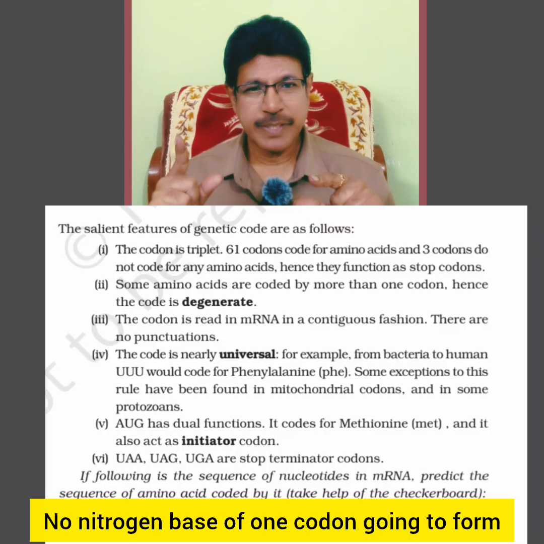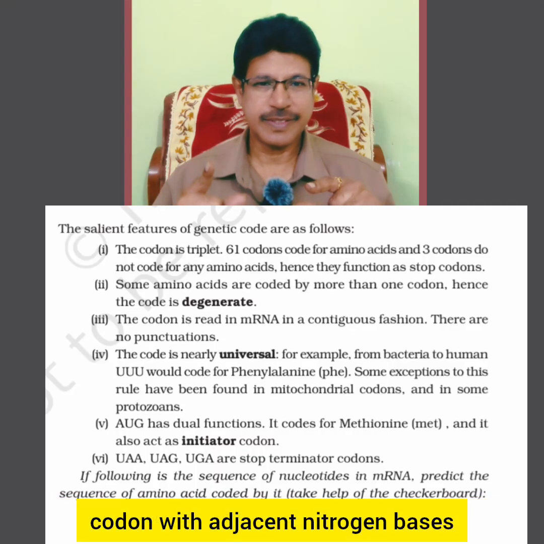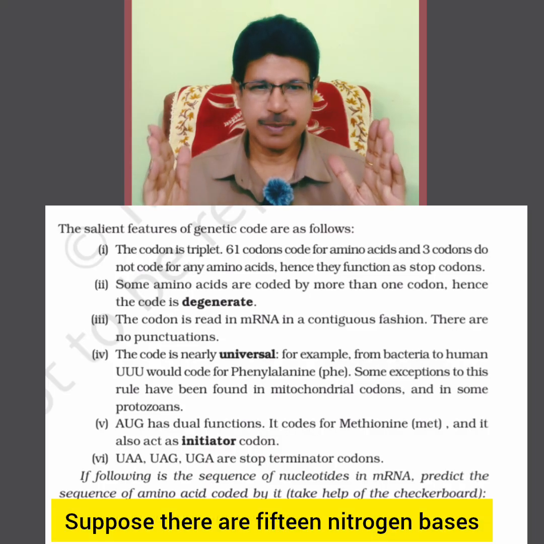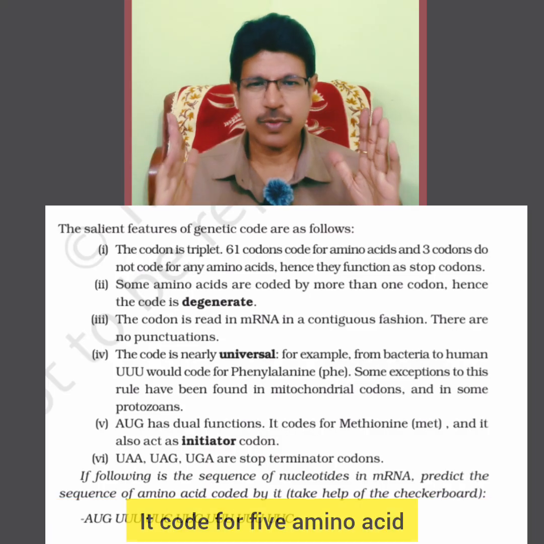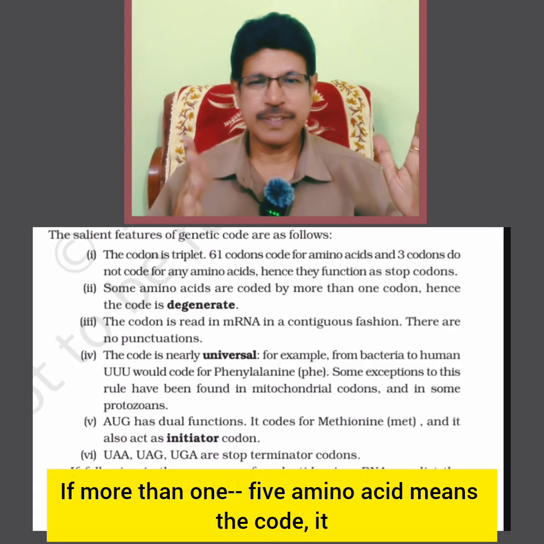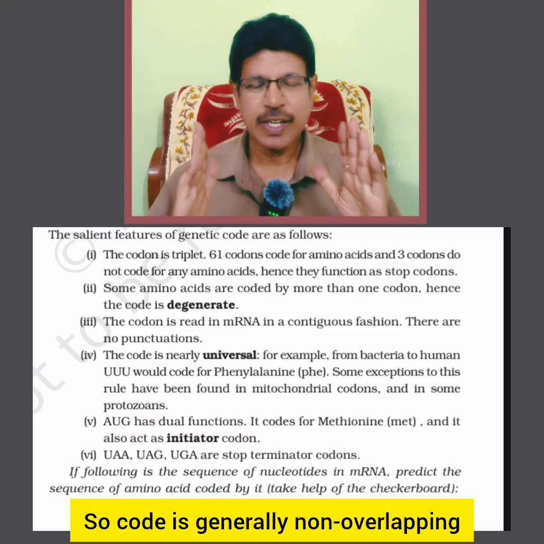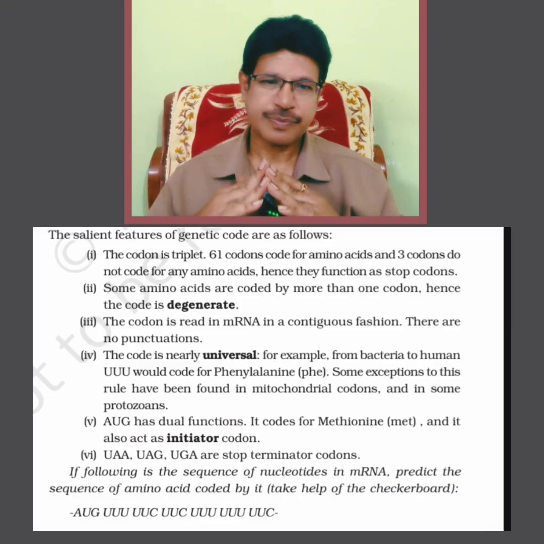No nitrogen base of one codon goes to form a codon with adjacent nitrogen bases. So it is non-overlapping. Suppose there are 15 nitrogen bases, that means 5 codons. It codes for 5 amino acids. If there are more than 5 amino acids, it means the code might be overlapped. So the code is generally non-overlapping.